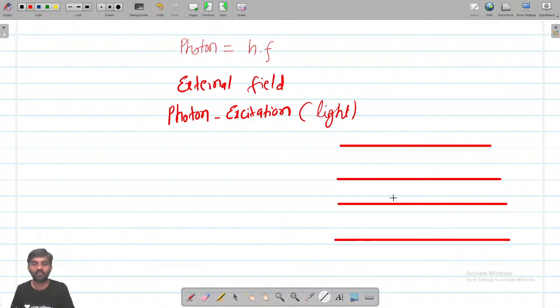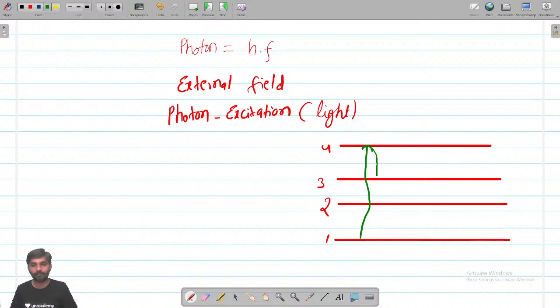For convenience, I have drawn the differences very slowly. The electron which wants to jump, let's say this is 1, 2, 3, 4. The electron which is jumping from here to here may not come back directly from here, sir.